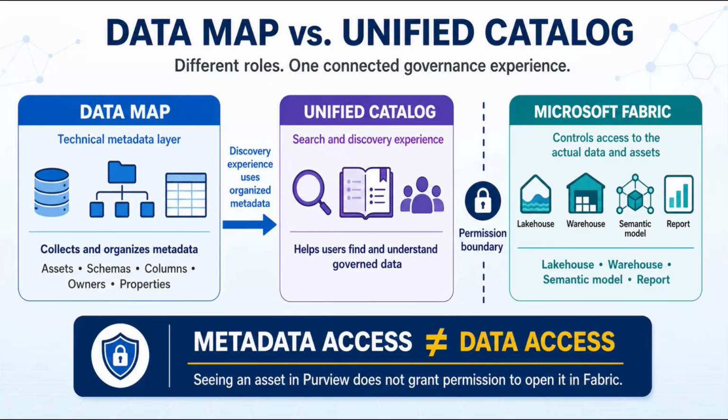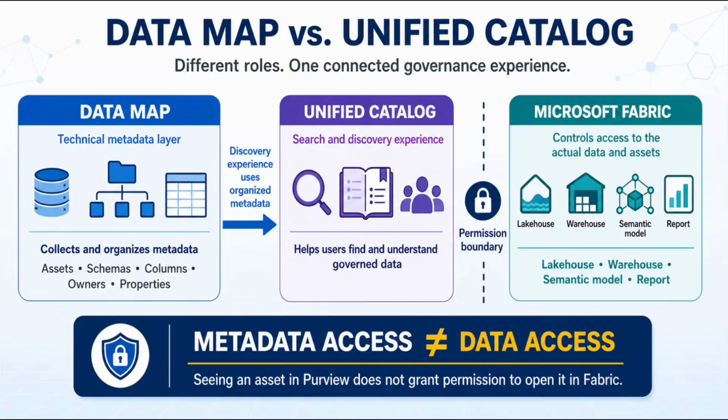And as such, Microsoft Fabric controls access to the actual data and assets, the lakehouses, the warehouses, semantic models, reports, all that stuff. The most important distinction to keep in your head is down at the bottom. Metadata access by itself does not equal data access. Seeing an asset in Purview does not grant permission to open it in Fabric. There has to be a secondary layer that grants those permissions.